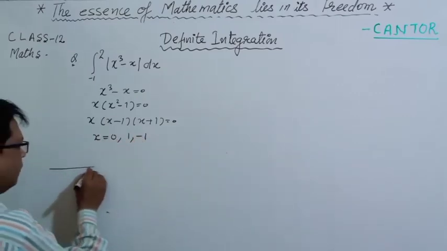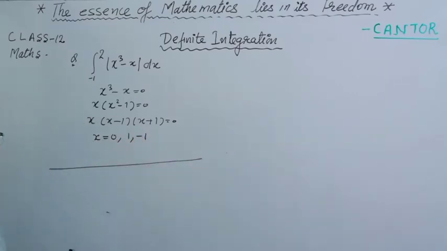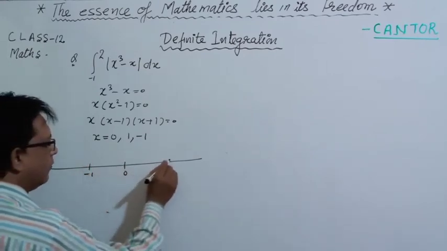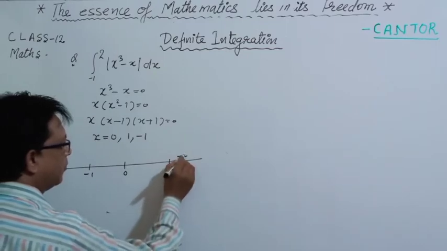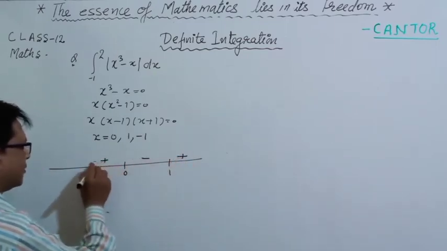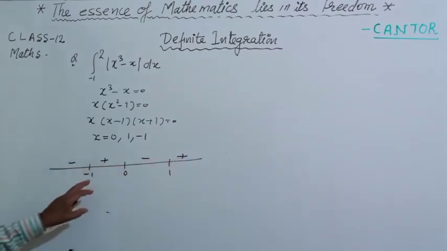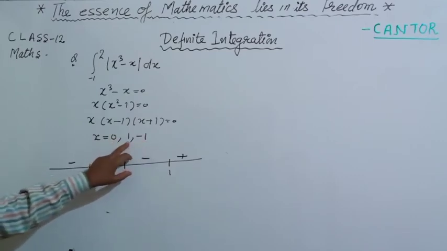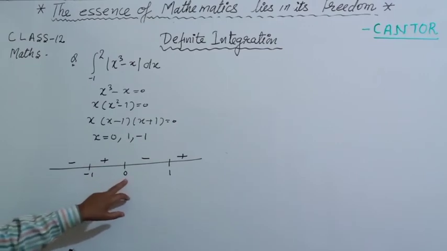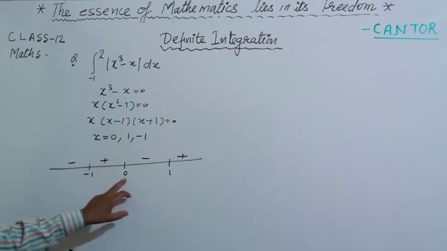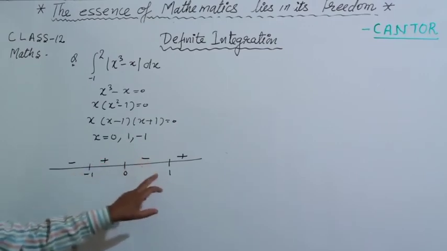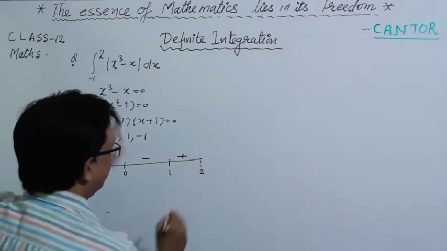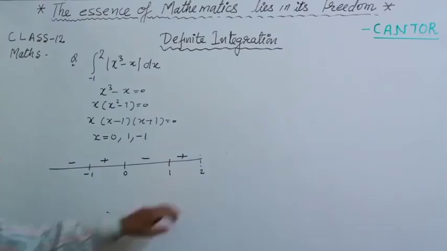Okay. So if we draw the wavy curve, here we have minus 1, here we have 0, here we have 1. So plus, minus. So we see that our function breaks at minus 1, 0 and 1. Between minus 1 to 0 the function is positive, between 0 to 1 the function is negative, and from 1 to 2, the last limit is 2, the function is positive.